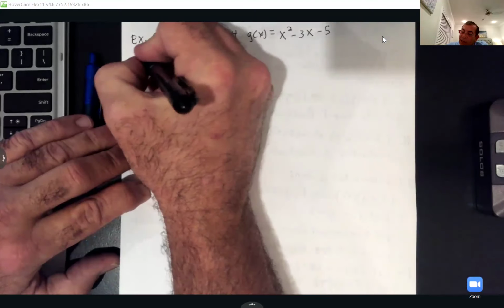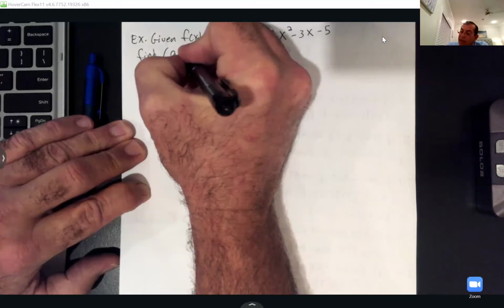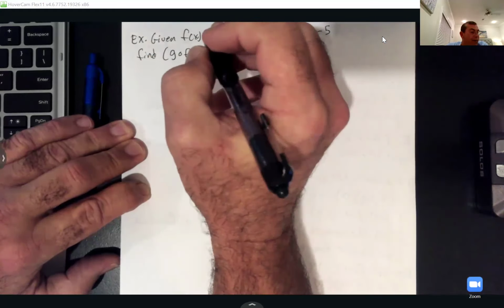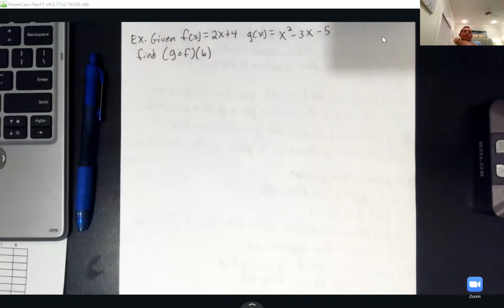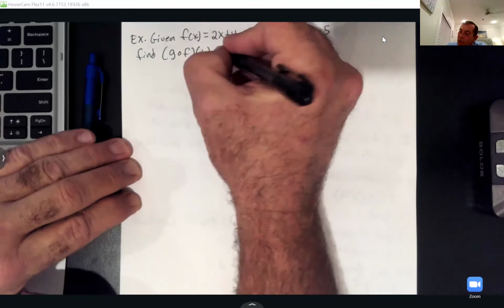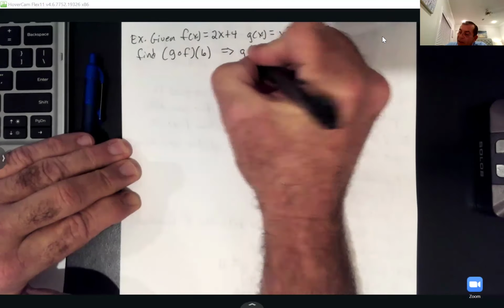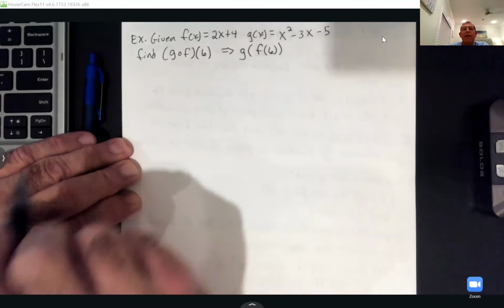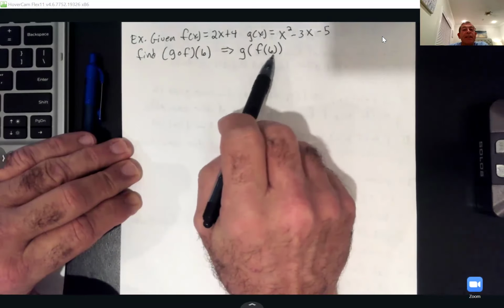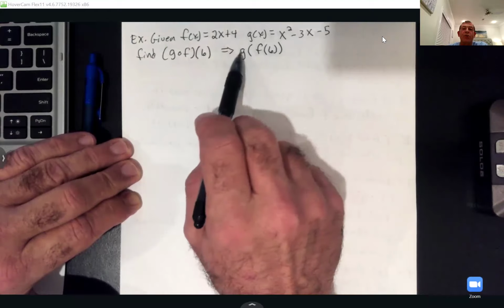Now, y'all, on this one, they want us to find G compose F of 6. So remember, when they give us G compose F, it's like finding G of F of 6. So first, we'll find F of 6. Once we figure out what F of 6 is, we'll put that into our G.